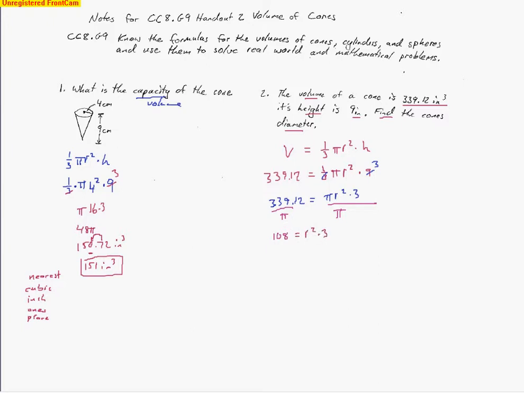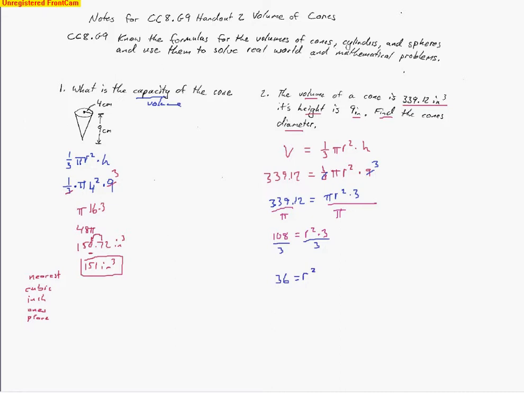So now I can get rid of that 3. So I'll divide both sides by 3, and 3 goes into 10 3 times, with 1 left over. It goes into 18 6 times, so 36 is what I get when I divide 3 into 108. But that's not r, that's r squared.